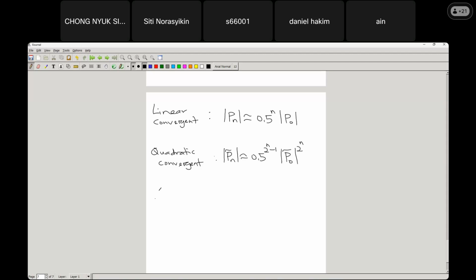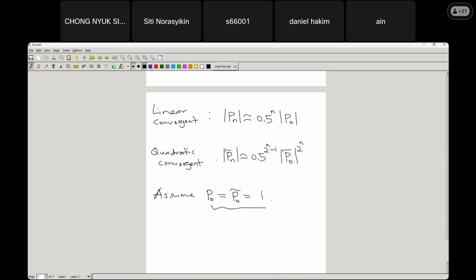Now what I'm going to assume is, let us assume the initial value P0 equal to P tilde 0 equal to 1. So you see, this is the initial value. Usually the initial value is either given or you have to guess or you choose. So let us assume our initial value for P and P tilde is equal to 1. So you substitute into the linear convergence.